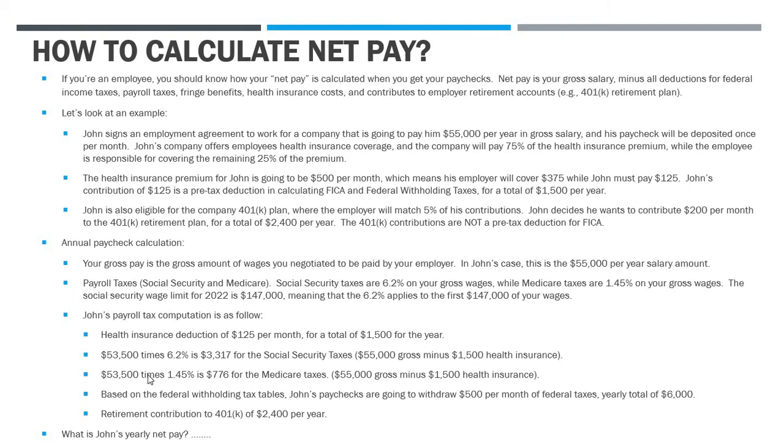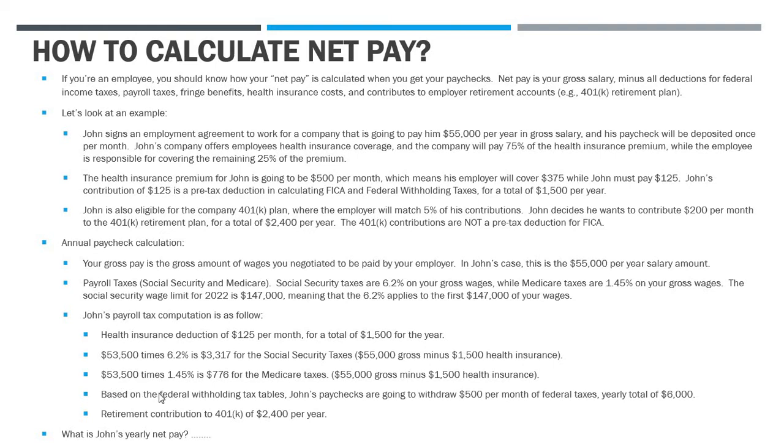We're deducting the 1,500 in health insurance premiums that John is paying. And so we take 6.2% times that amount. We have 3,317 as the Social Security tax withheld. Same applies for the Medicare, right? 1.45% times the amount that is the amount of 55K minus the pre-tax deduction for the health insurance.